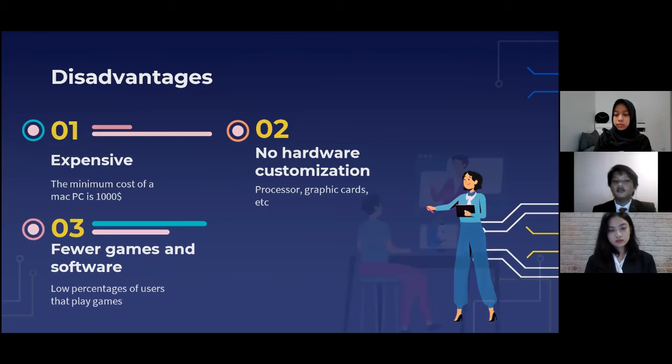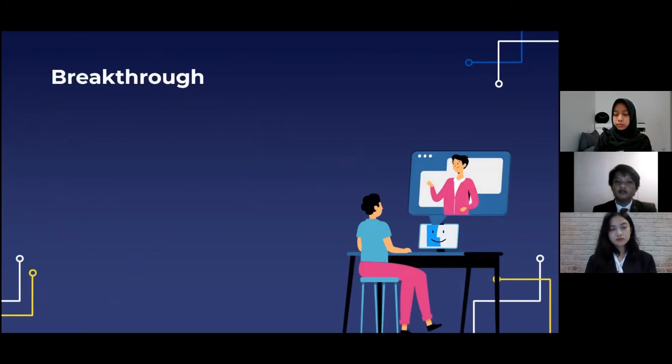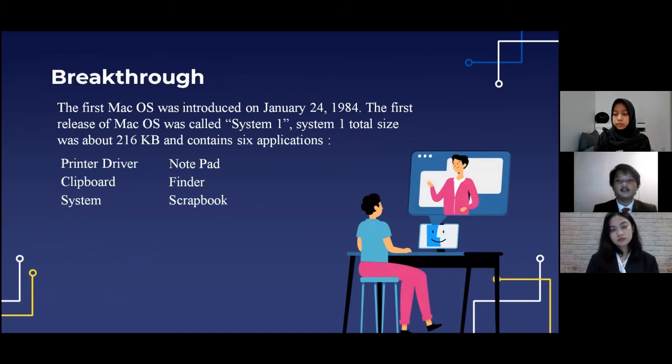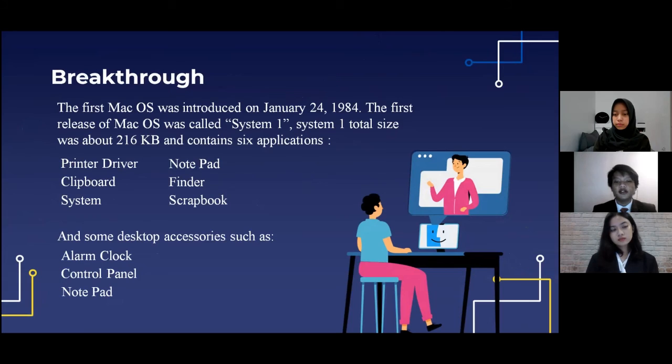And now we are going to talk about the breakthrough. System 1's total size is about 261 kilobytes and it contains 6 files, such as System, Finder, Clipboard, Image Writer, Printer Driver, Scrapbook, and a Notepad.